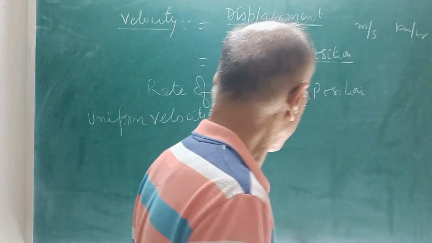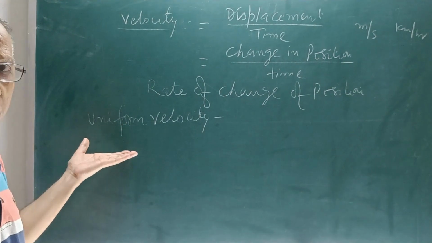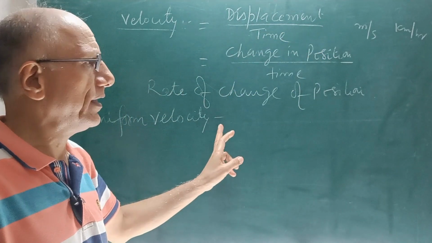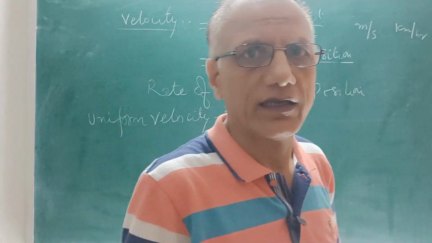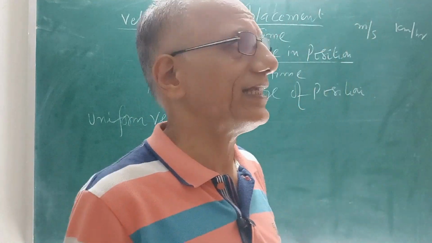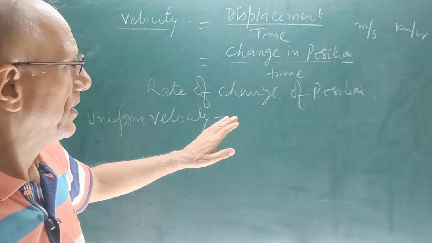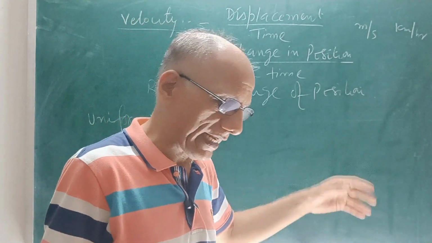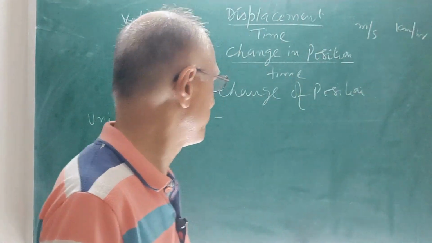If a body covers equal displacement in equal intervals of time, then the velocity of the body is said to be uniform velocity, or the body has uniform velocity and the motion of the body is uniform motion.